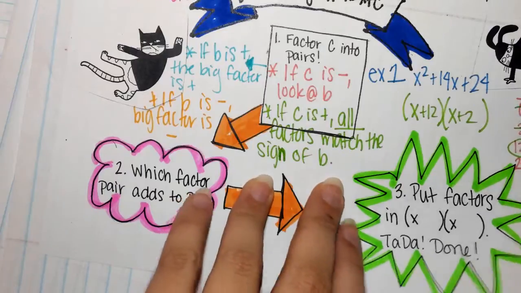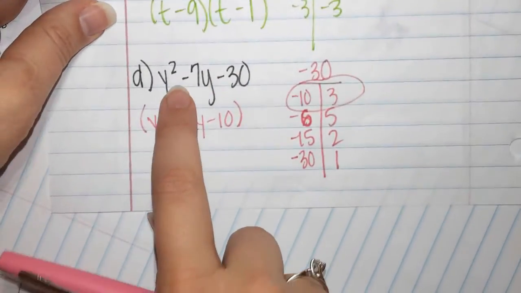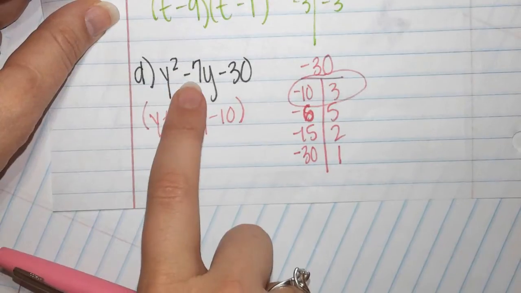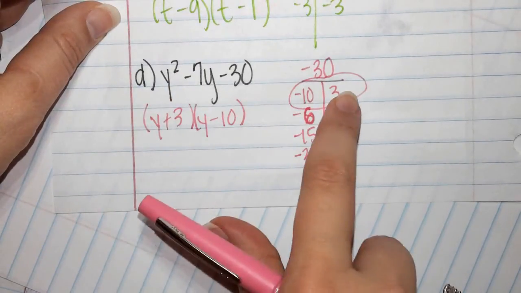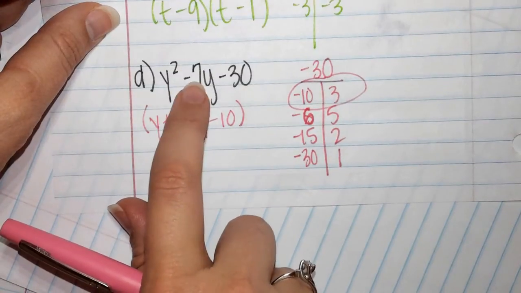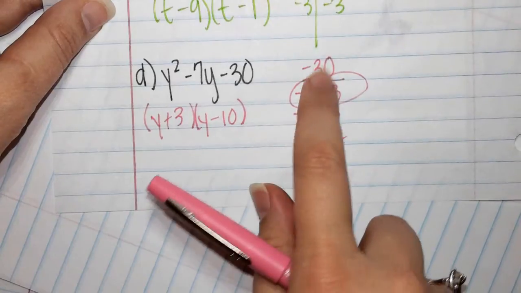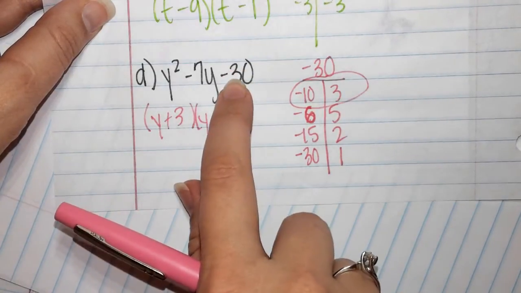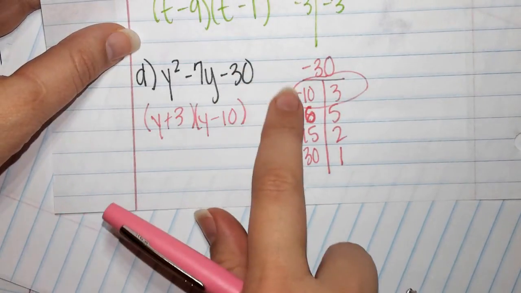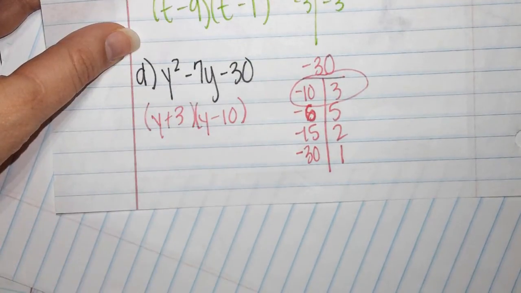Here we have negative 30 and our big factor had to be negative because B is negative. If we said 10 plus a negative 3, that would give us positive 7, and we need a negative 7, right? So first we list the multiples of C. Then we see which one adds together to give us B. And then we write it in our parentheses.